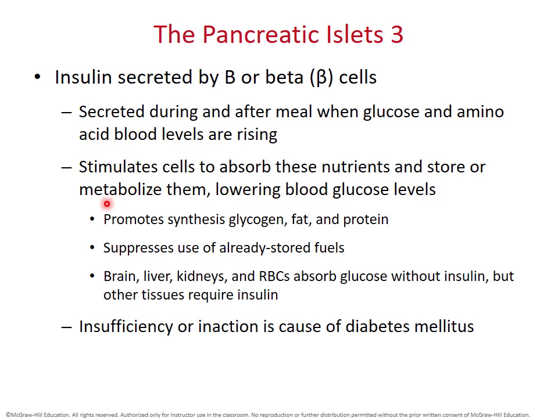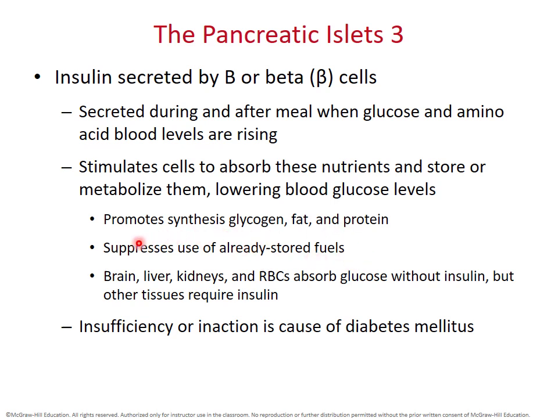Right? And so cells that can pick it up will either use the glucose and amino acids or store them as glycogen or fat or proteins or so on. So this has a tendency then to lower blood glucose levels and lower amino acid levels in the blood.